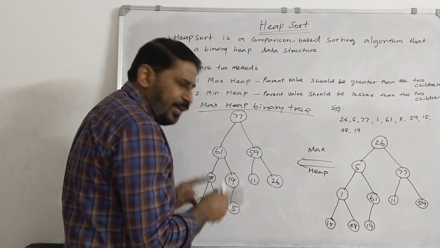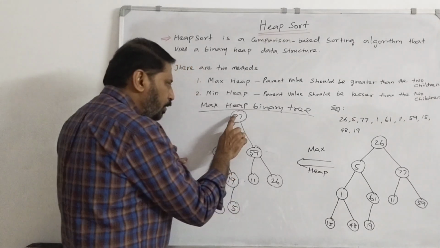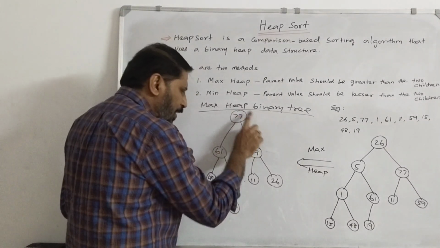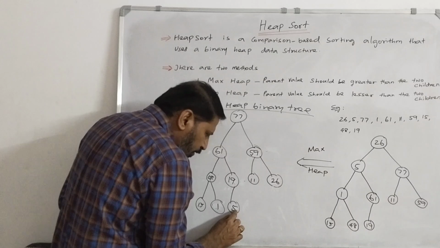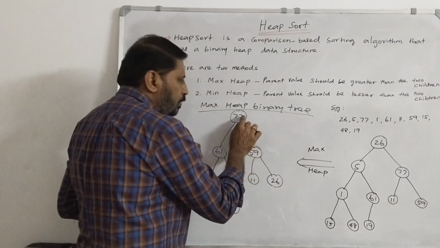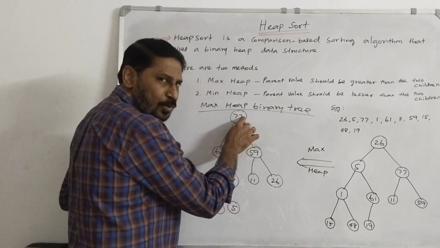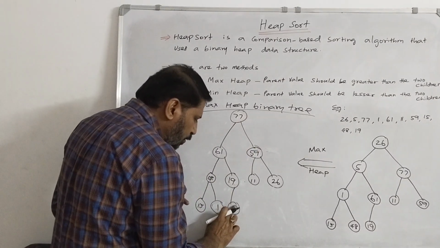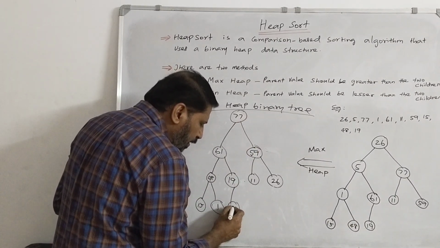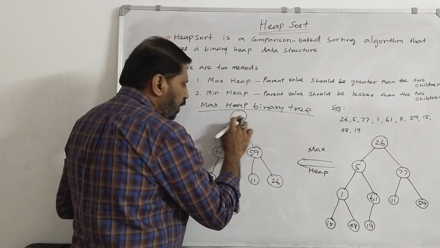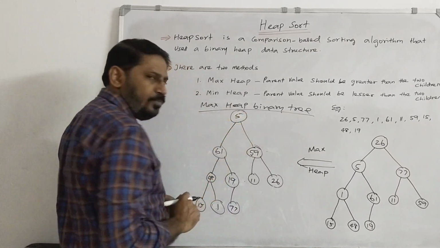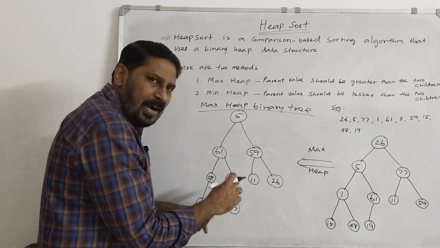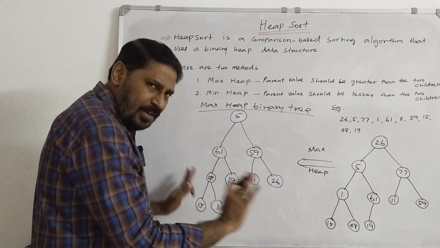Okay. Now I have to transfer this 77 into the last node. The last node value is transferred to the root node. So these two are interchanged. 77 comes here, 5 goes here. Now one iteration is over.